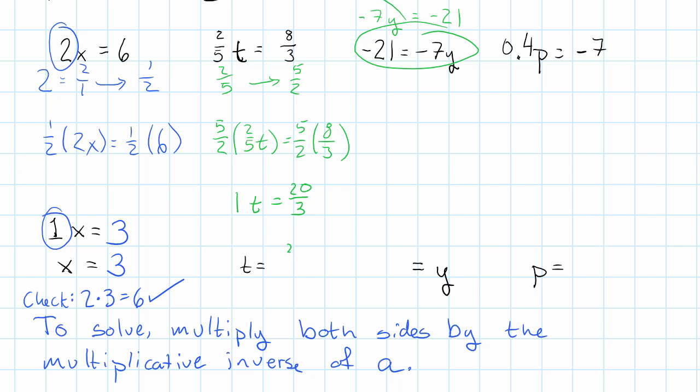So I get that my t is 20/3. Checking. 2/5 times 20/3. I'll see a common factor of 5 cancel, and I will indeed get 8/3 as I hoped.